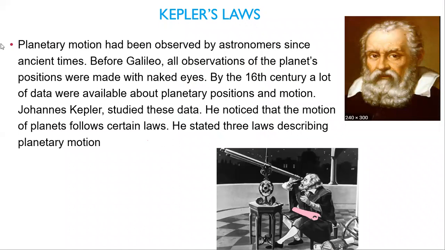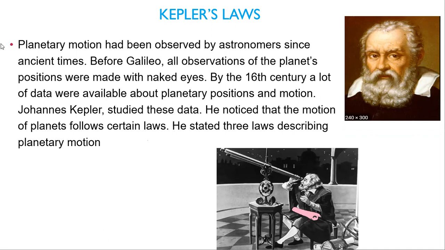Kepler's law. We know that in ancient times there was no telescope. All the observations of astronomical objects were made with the naked eye. After that, Galileo discovered the telescope, and with the help of the telescope, so much data was collected regarding the position and motion of planets.